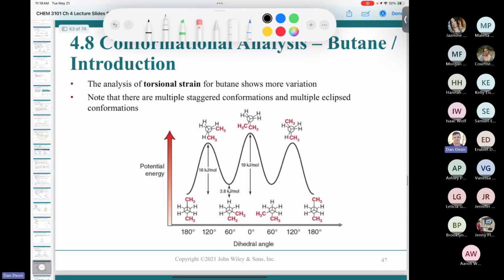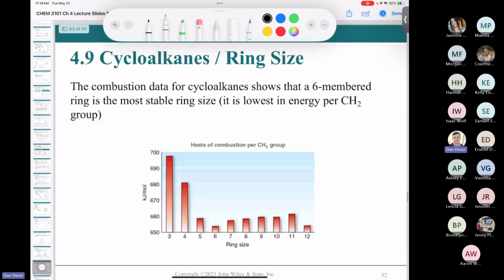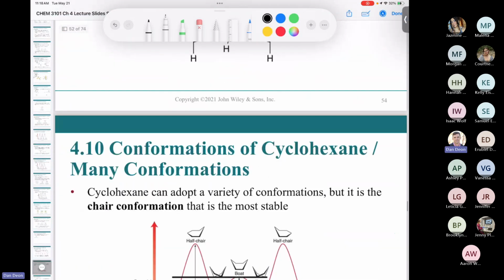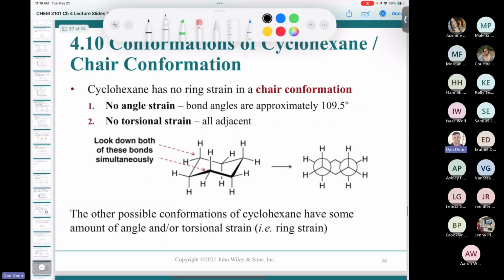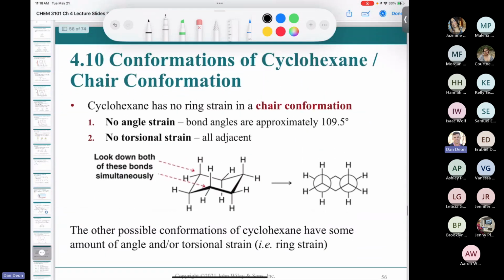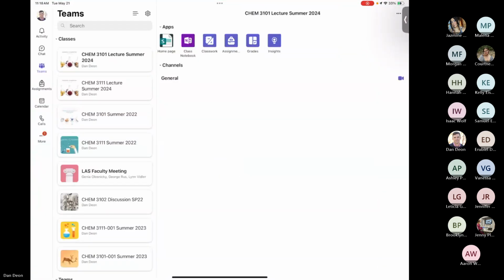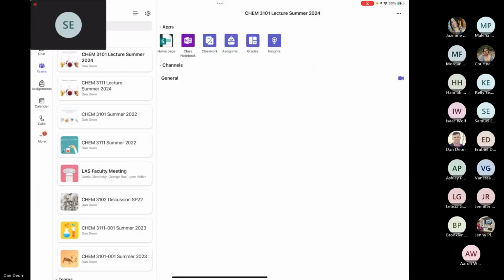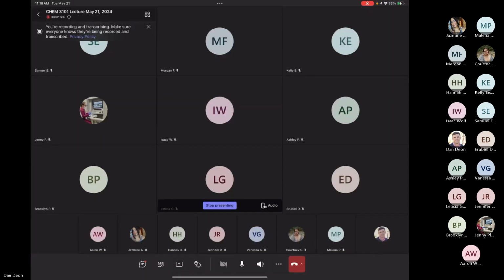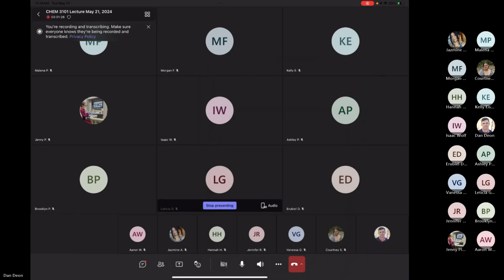And also be sure to read the section on cyclohexane. There's a huge section on cyclohexane, so be sure to read that too, and we'll finish that on Thursday. All right.